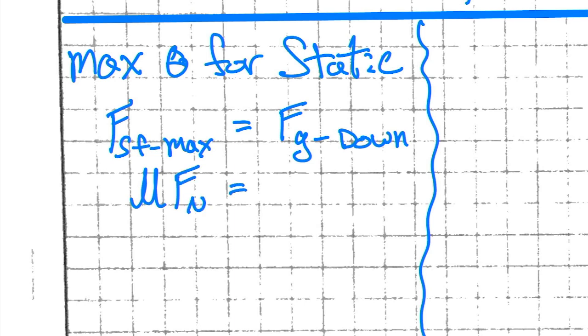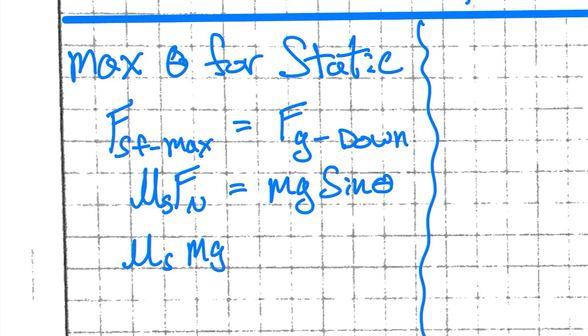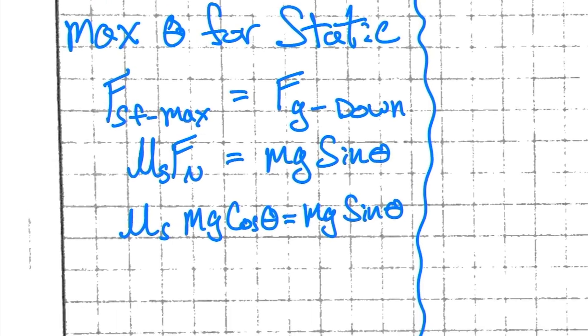The force of gravity down the ramp is mg sine theta. And that's the coefficient of static friction, mu s. The force of the ramp on the block is mg cosine theta. We've gone over those forces previously in the notebook.